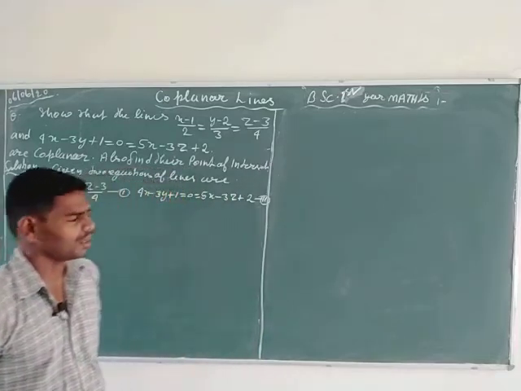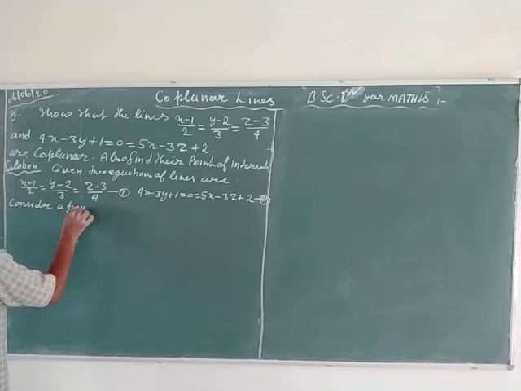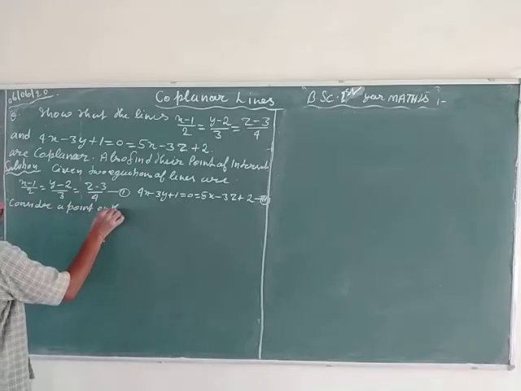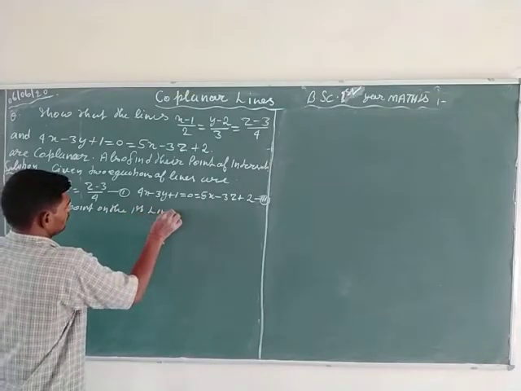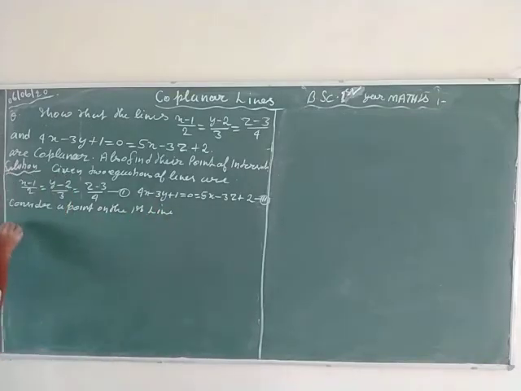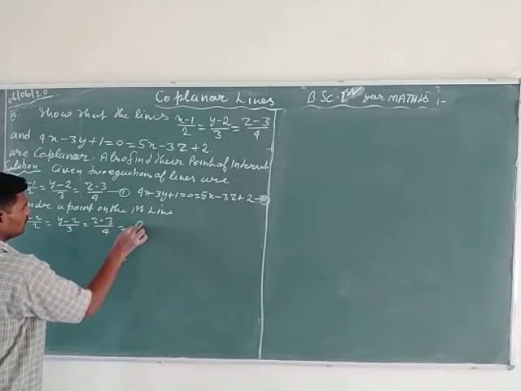For this, consider a point on the first line. Write (x minus 2)/2 = (y minus 2)/3 = (z minus 3)/4 = r.